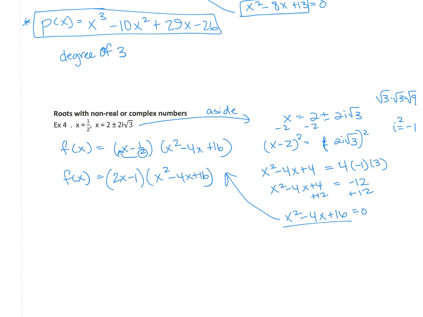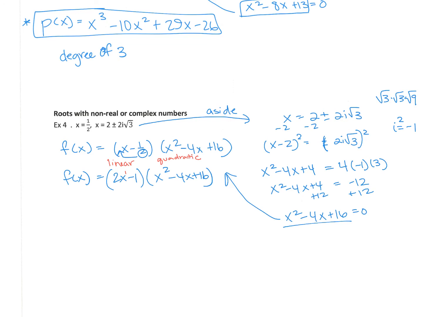Just a side note, this is my linear factor, linear because it has an x to the first power. It's really a line. This is my quadratic factor. We've just done a quadratic unit. Quadratic because it has an exponent of 2. A linear factor times a quadratic factor will multiply together to give me an x cubed polynomial, which is cubic.